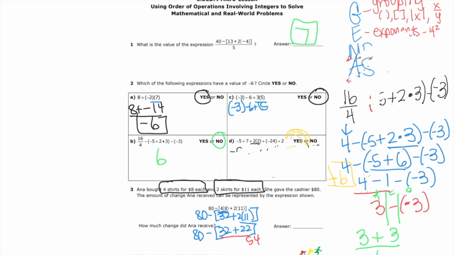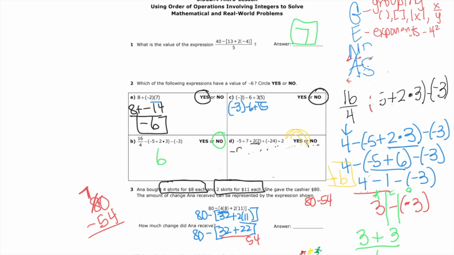So I'm going to come over here and say 80 minus 54. I'm going to have to put those on top of each other because I know I'm going to need to borrow from that 8. I can't do 0 minus 4, so I'm going to borrow from here. This becomes a 7 and makes this a 10.